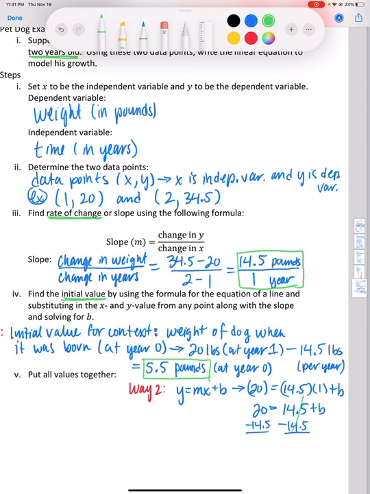This will cancel, and we'll have b is equal to 20 minus 14.5, which is 5.5. So there's two ways of getting that.